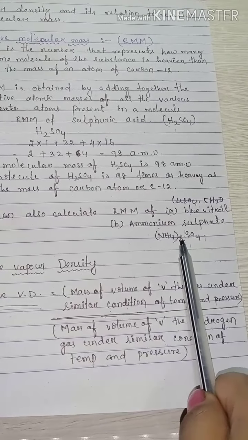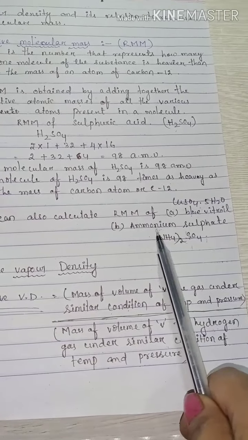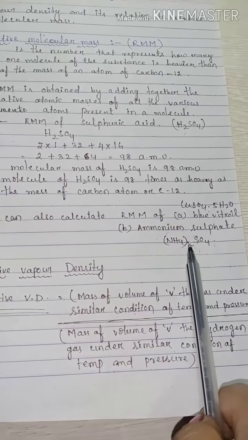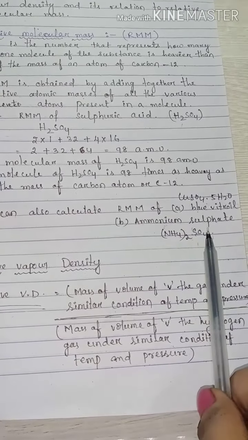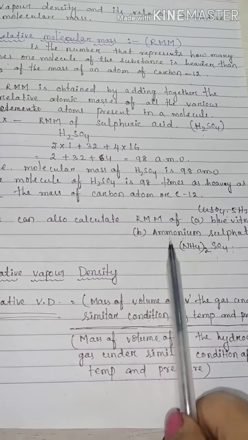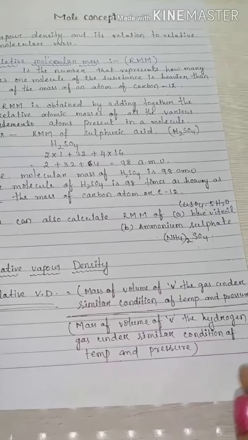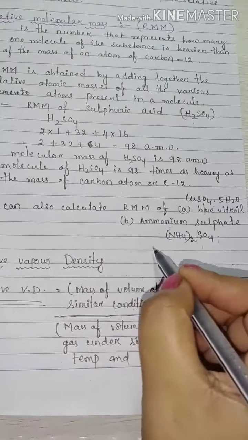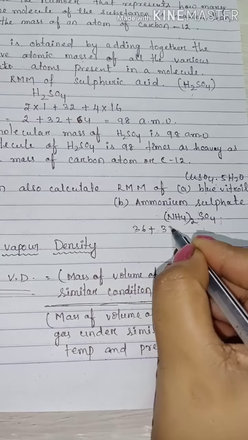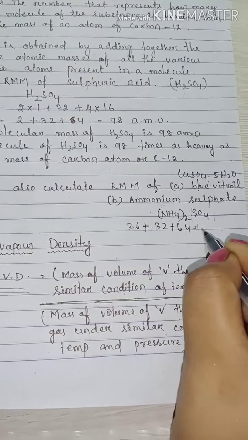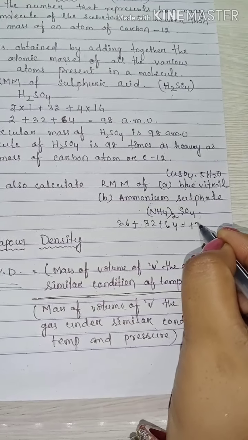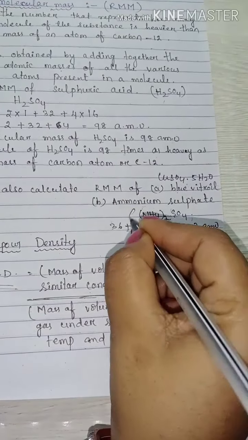So 36 plus 32 plus 64 is equal to 132 AMU. This is the relative molecular mass of ammonium sulfate.